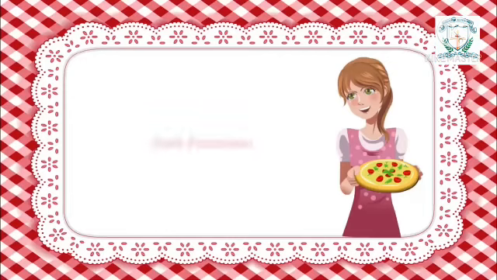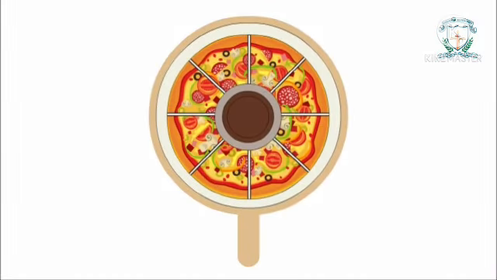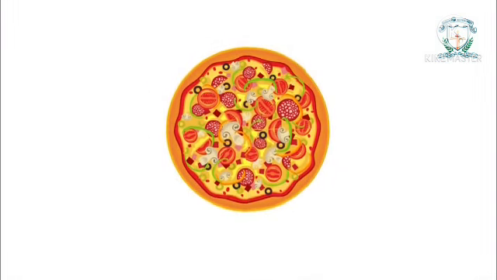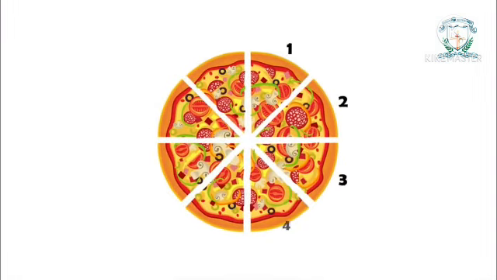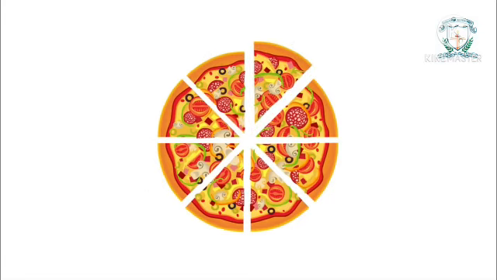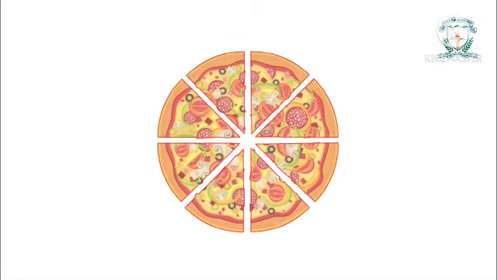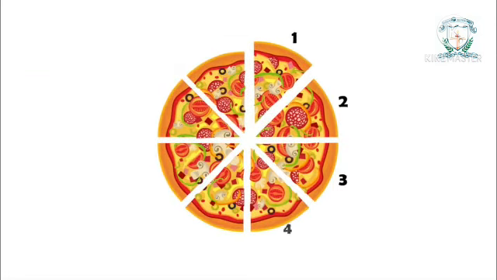Unit fractions. Let us understand unit fractions with the following example. Observe, there are 8 pieces of pizza. One pizza slice is one part of the whole, or one slice out of 8 in total.